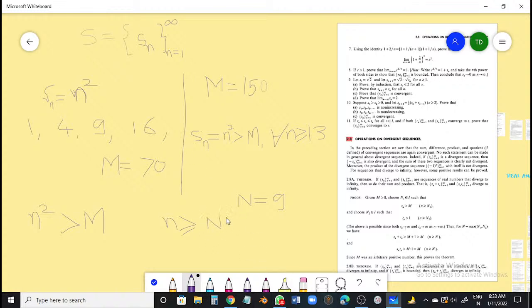After crossing this n, all values of Sn are greater than this particular M. So this is the meaning of a divergent sequence. The terms are expanding, the terms are going ahead, the terms are not under control. This is the meaning of divergent sequences.